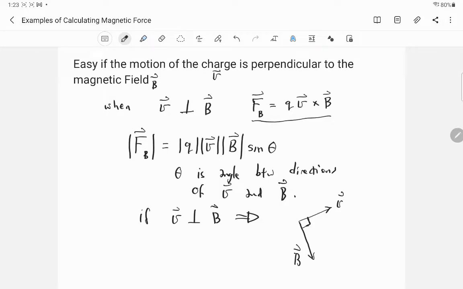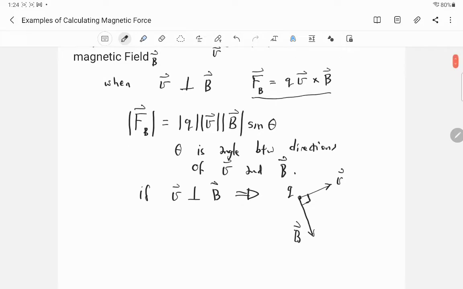So here's our little charge Q, and it's moving with this velocity V, whatever that is, and the magnetic field at the location of the charge is in this sort of down to the right direction, some number of Tesla.